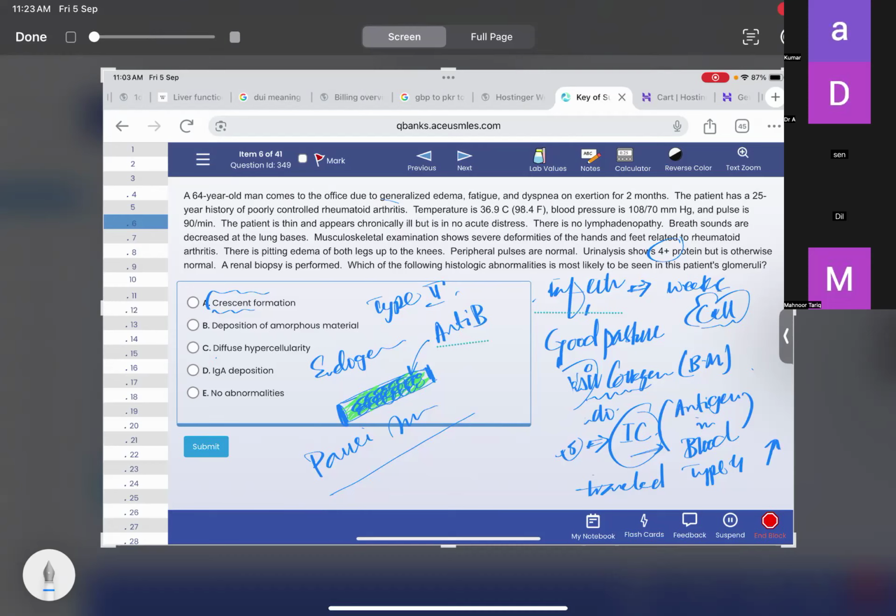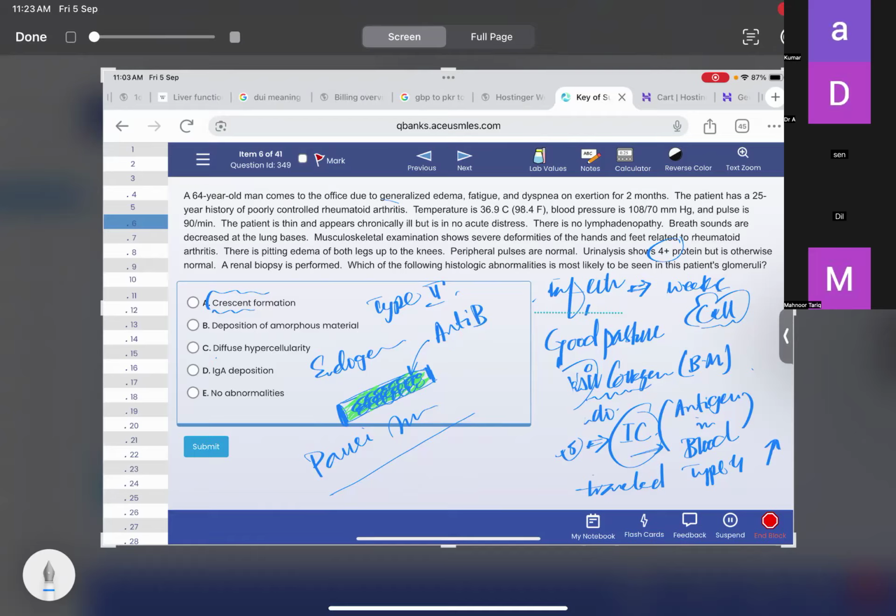Anyone have any confusion? Just a quick question. In case of IgA nephropathy, you said that there will be immune complex deposition and type 3 hypersensitivity. Yeah.